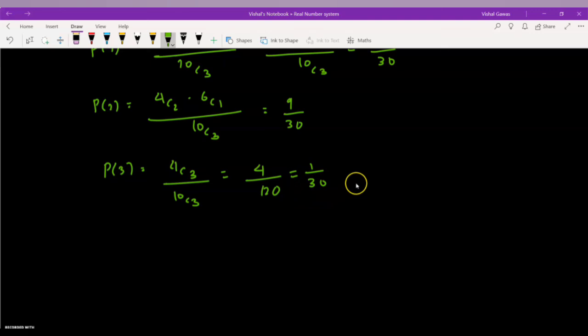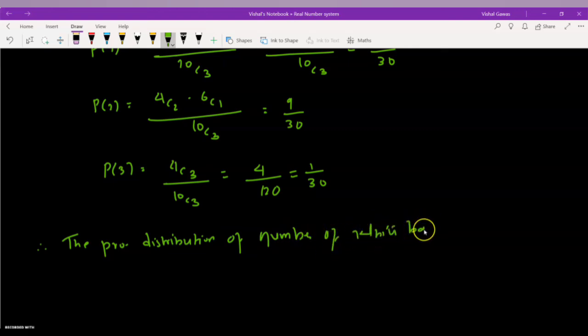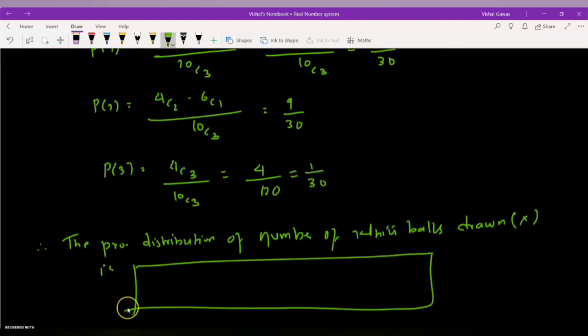So check that out. Therefore, the probability distribution of the number of white balls drawn, that's the random variable x, how would it look?